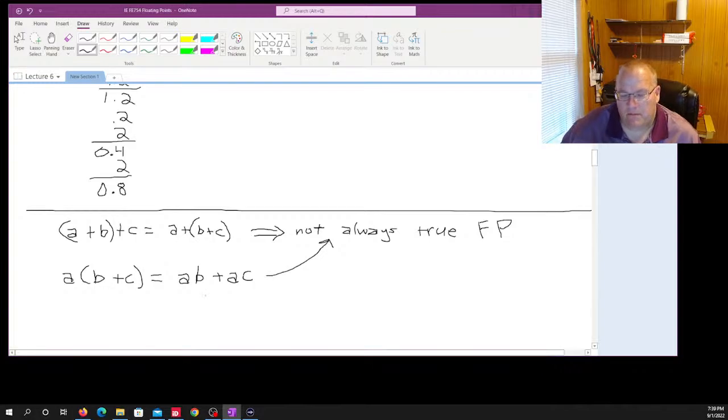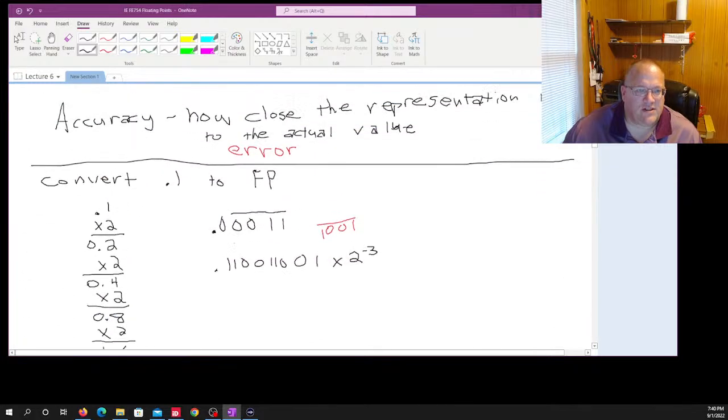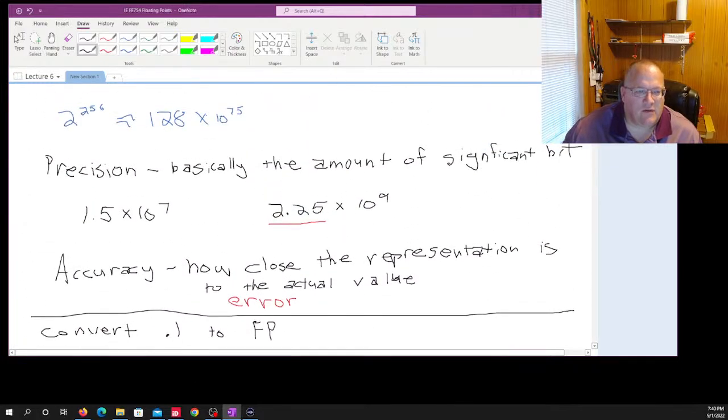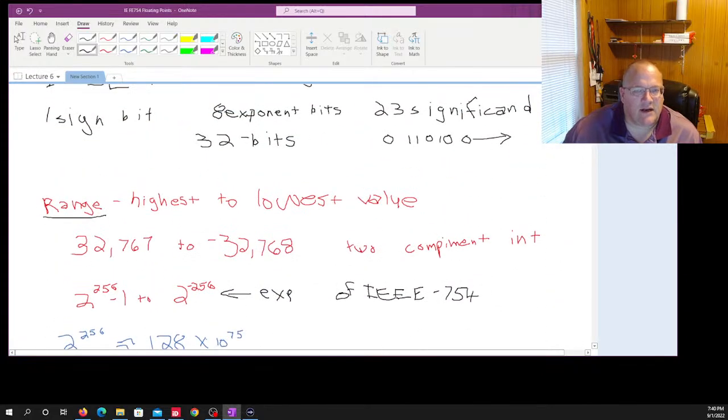Now, is this important for most things? The answer is no. And the reason is, what's our range? We're talking a lot of significant bits.